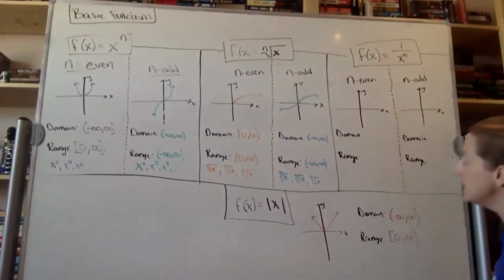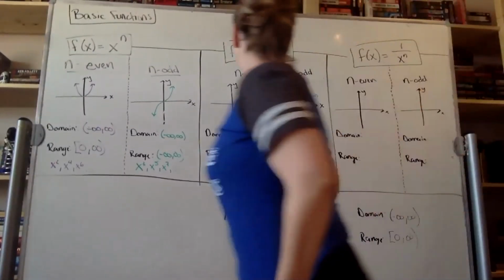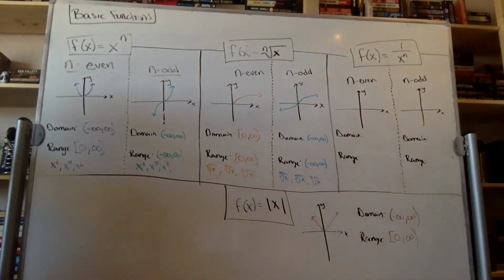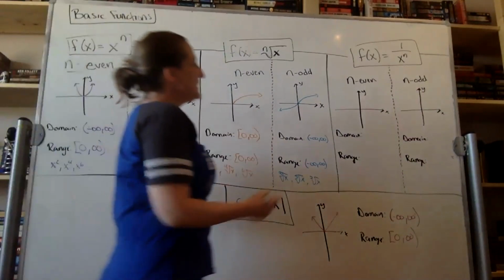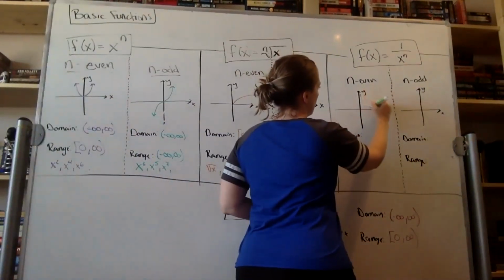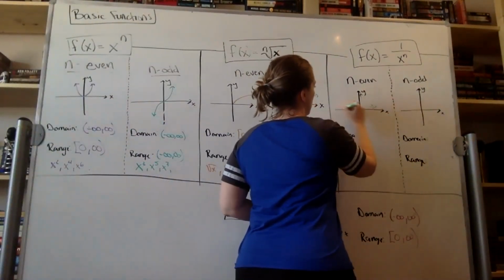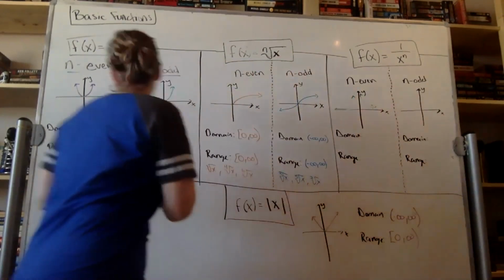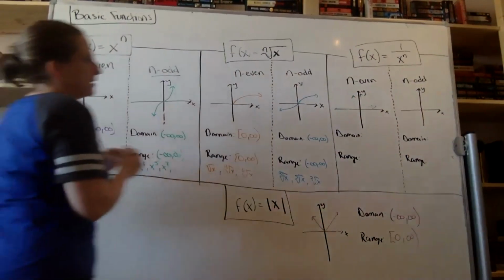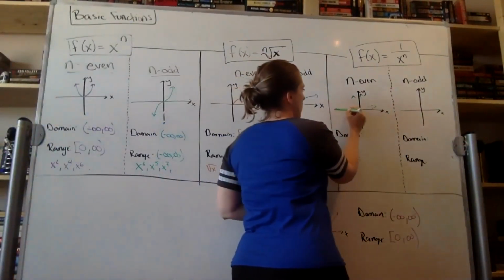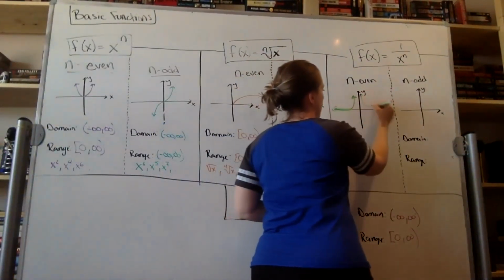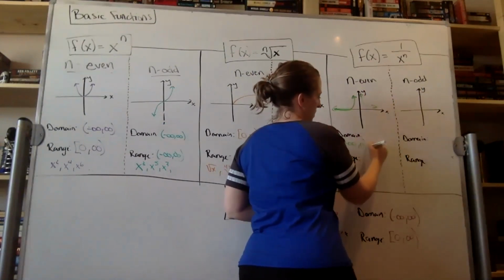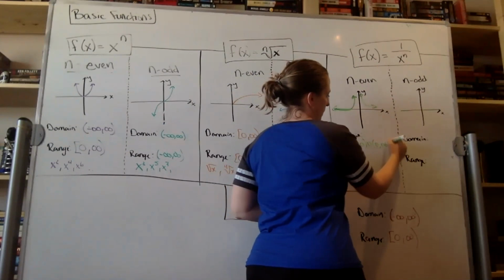There's our last little piece here. Our last little piece is our rational function examples, and we just sketched those in. So when n is even, remember that was our L curves in the top right and top left. Then our domain was -∞ to 0, union with 0 to infinity.